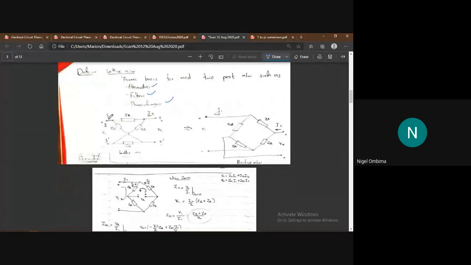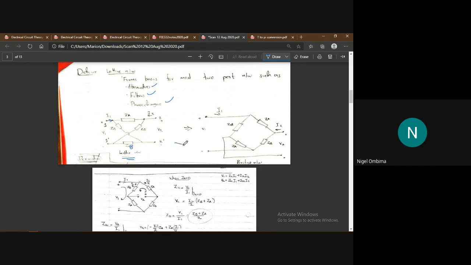There's supposed to be an arrow. I1 going into Z1, ZB, then this is the output ports, input port, V1, V2, I2, ZA is supposed to be ZB. Yeah, there's a lattice network.